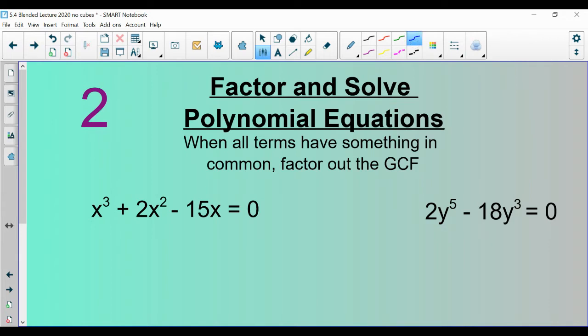And that common factor in this problem is just the term x, the variable x. So what we can do is undo the distributive property with x, with the greatest common factor. If I take an x out of everything, right here would be an x squared. This one would be a plus 2x. And right here, I would have subtract 15.